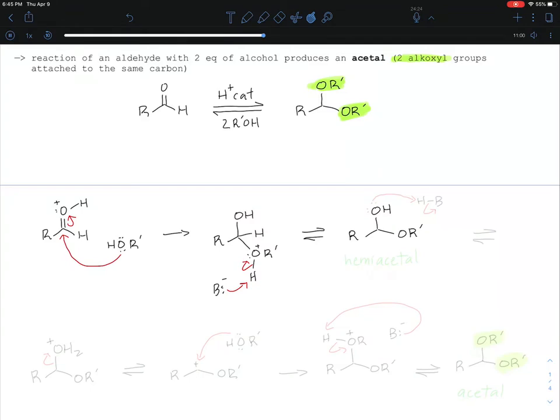This is our hemiacetal. If there's another equivalent of alcohol in there, I have my acid back again, don't I? So I can attack with these electrons, protonate that hydroxyl group.